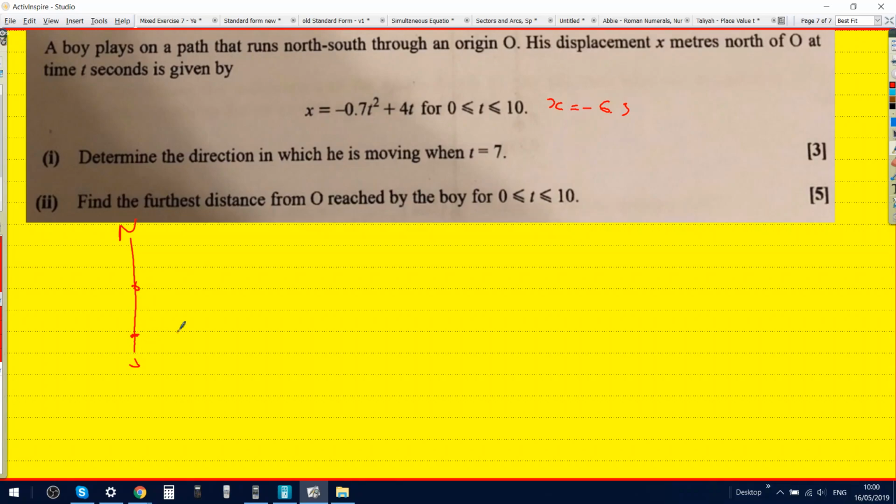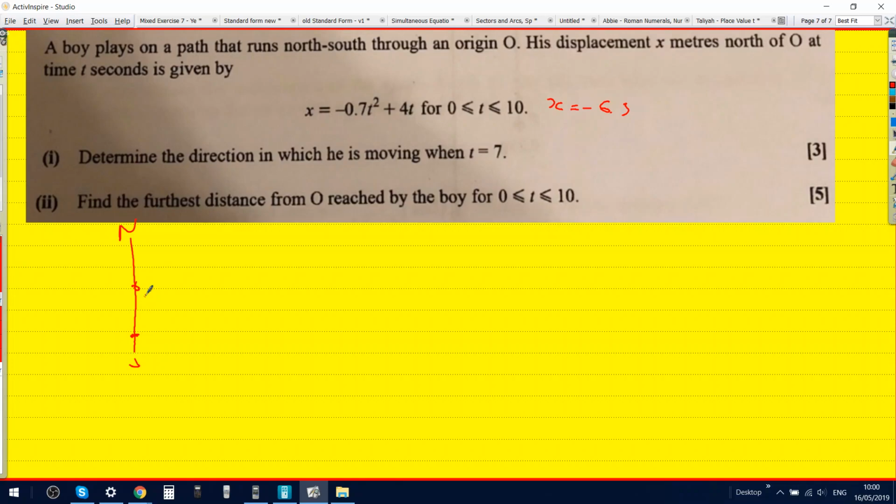But in which direction is he traveling? Is he traveling back up or is he continuing down? Any idea how you do that? No, I'm not sure. There's a few different ways you can do it.